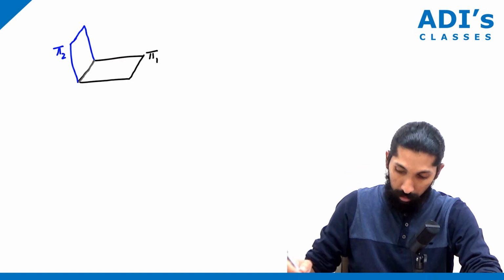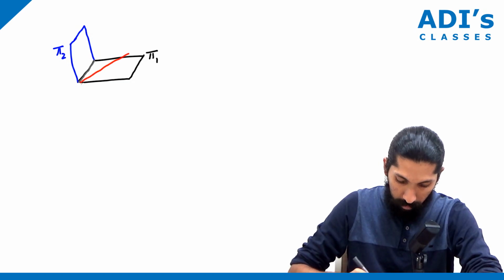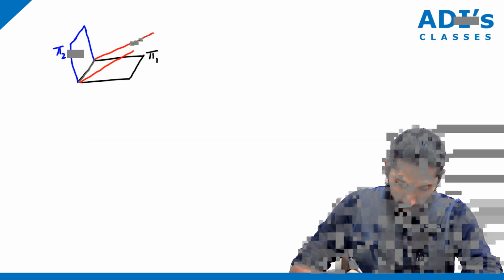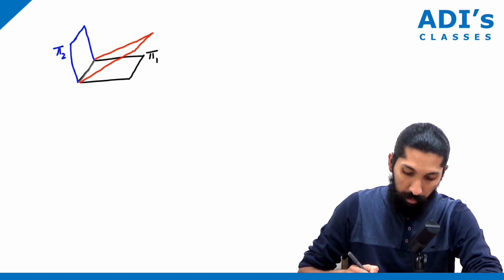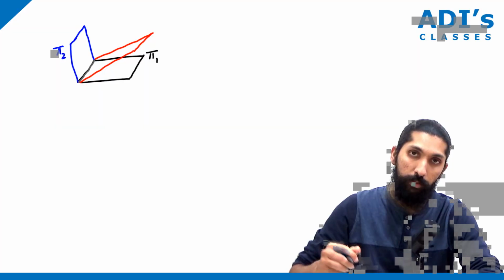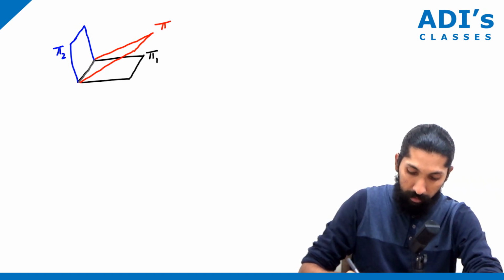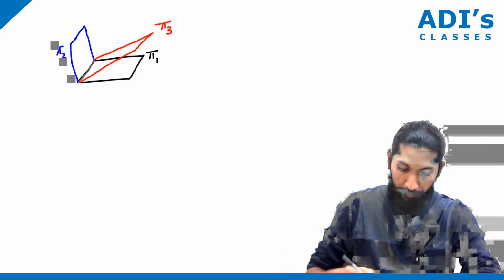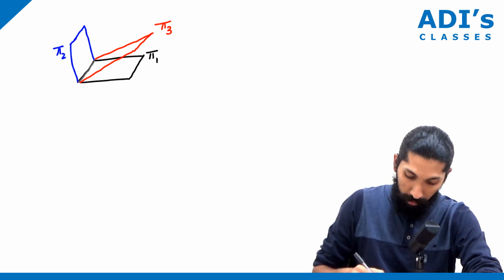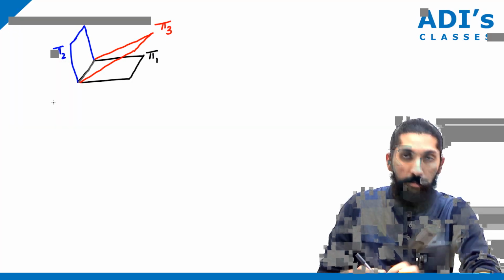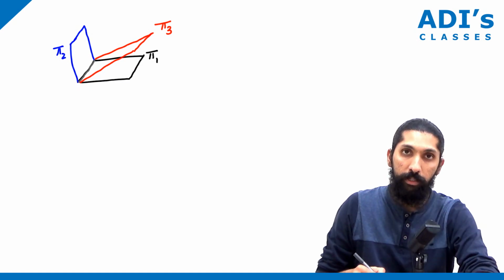That's what we are doing in this video. Alright, so assume that we are going to have another plane which is passing through the intersection of the planes. Clear? Let's call this pi 3. Now, for pi 1, remember we'll start with the vector form, then we have the Cartesian form, two forms, correct?